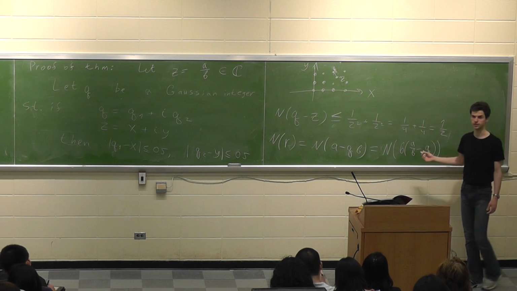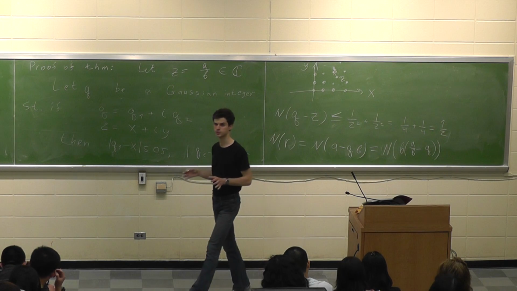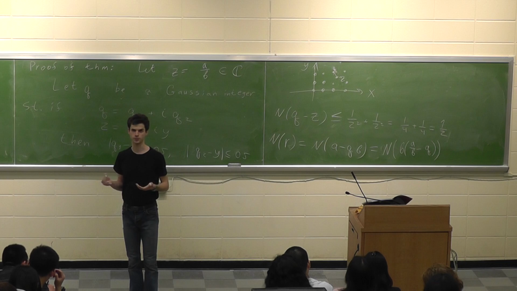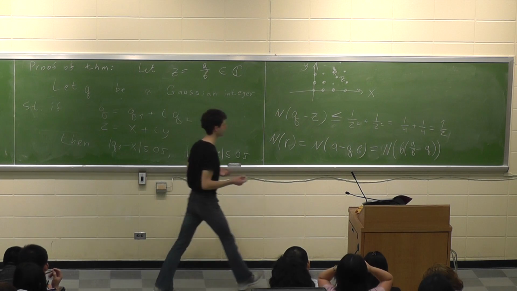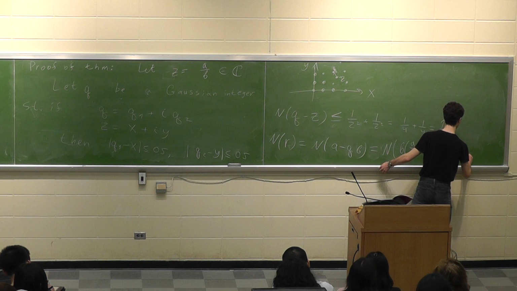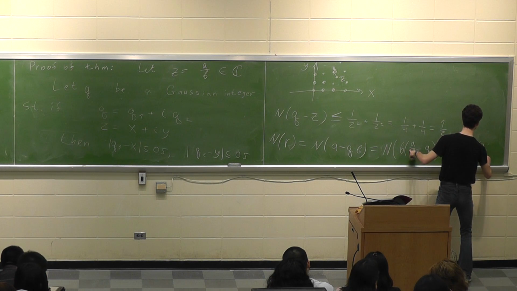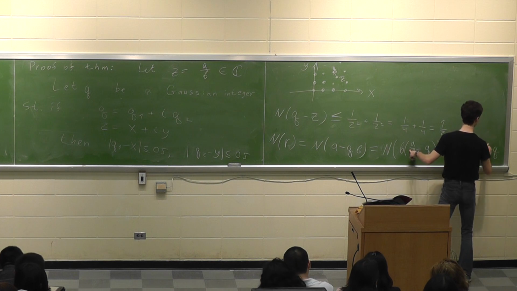Just a very simple factorization. But the norm of the product is the product of the norms. We've seen this property when we discussed complex numbers. So here we have the norm of B times the norm of the following number: A divided by B minus this quotient.